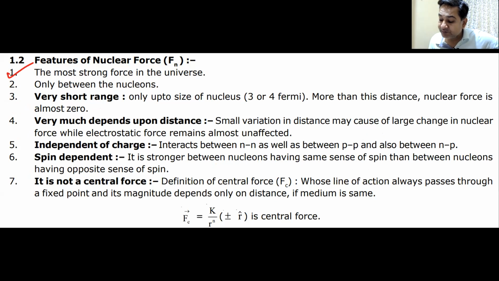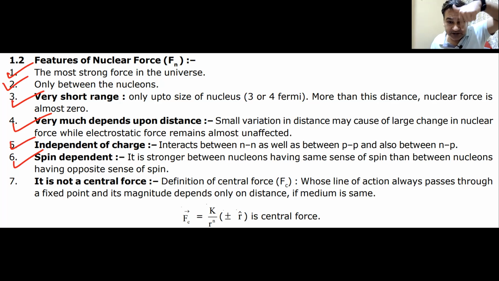It only acts between nucleons, so two electrons cannot have this nuclear force. It is of very short range. Only inside the nucleus it can happen. It depends upon distance. A very small variation in distance will cause a very large change in the value. It is independent of charge. Between two protons it will happen, between any two nucleons it will happen. It does not depend on charge.